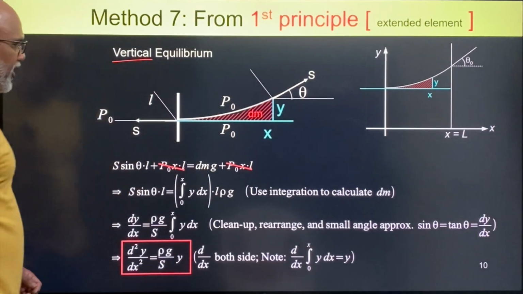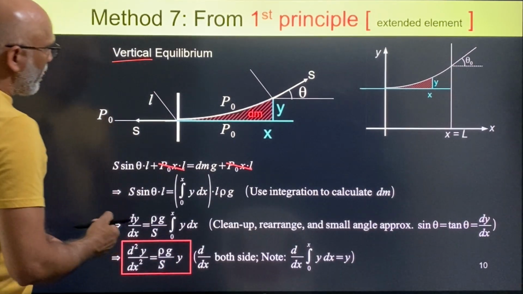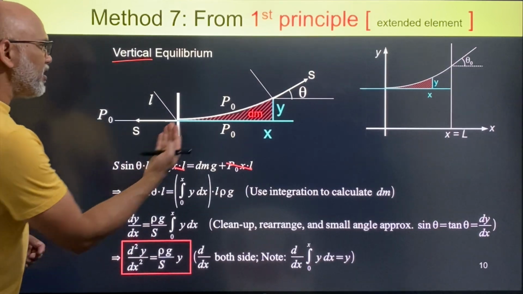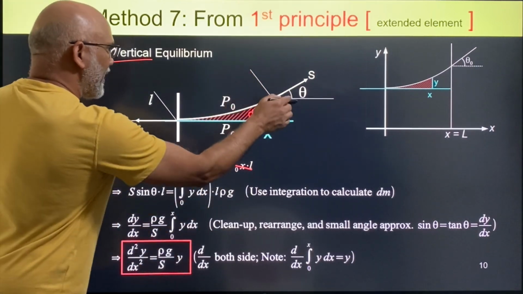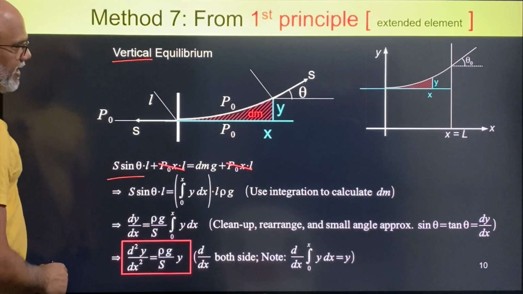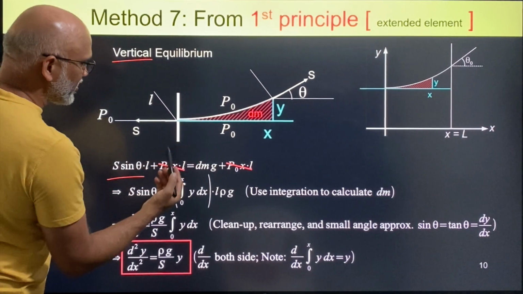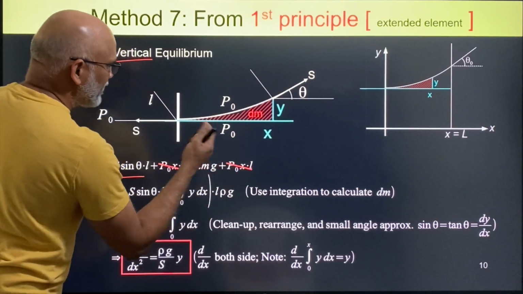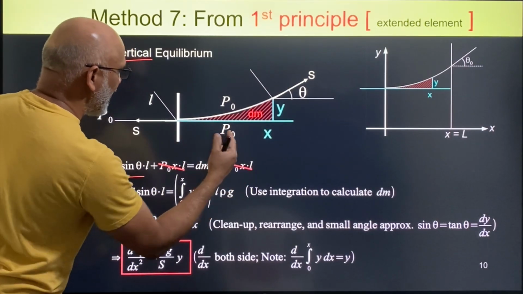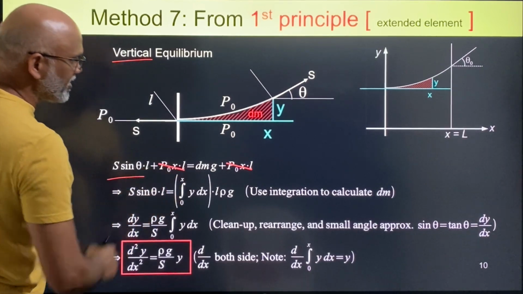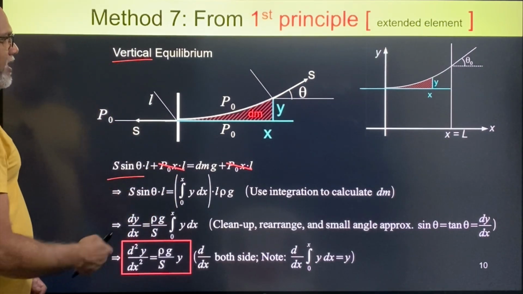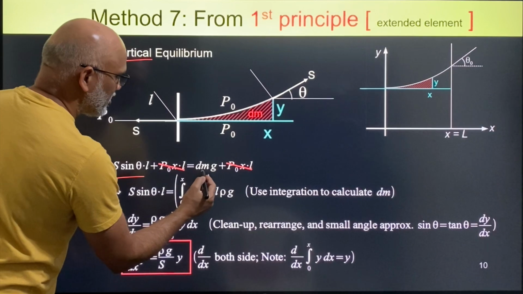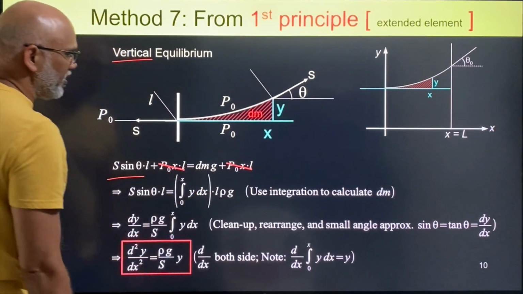Let's first do the vertical equilibrium. Let's first look at the forces in the upward direction. That is going to be S sine theta. And then the pressure times the area, where this distance is x, times L. That should balance with the weight, the mass times g.